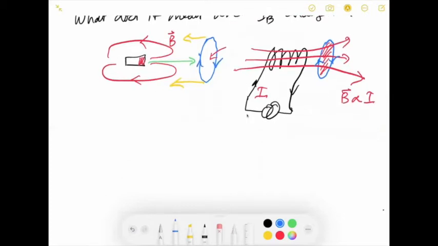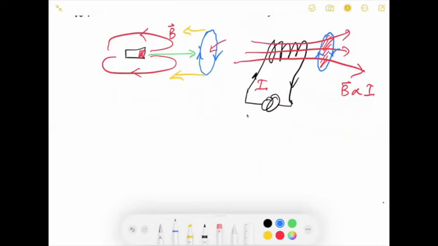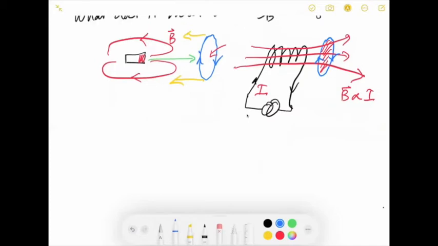Then there's another way in which you can get an induced EMF, and that is if you have a magnet, and instead of moving the loop closer to the magnet, you actually rotate the loop. So that's similar to the situation I had above. We have again our magnet, and then we got our field.